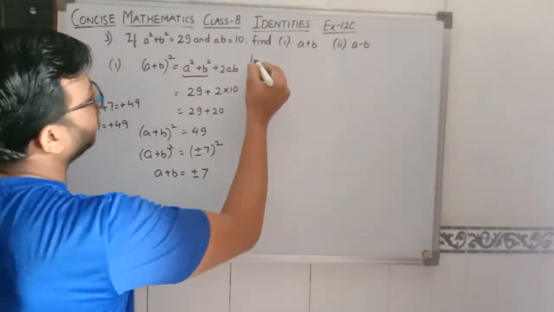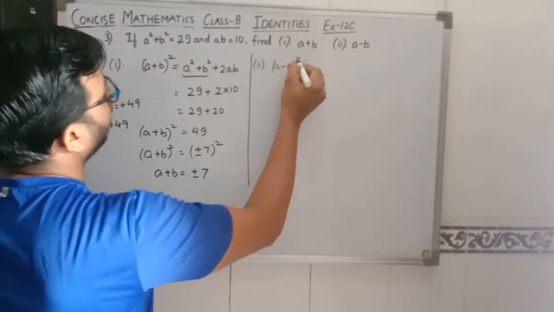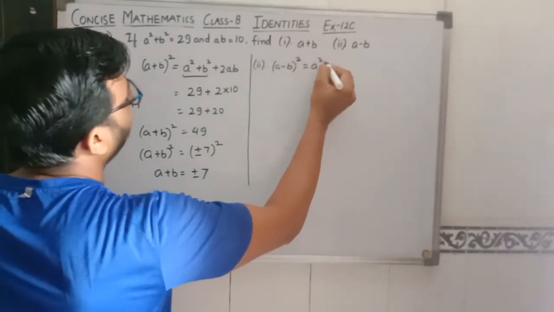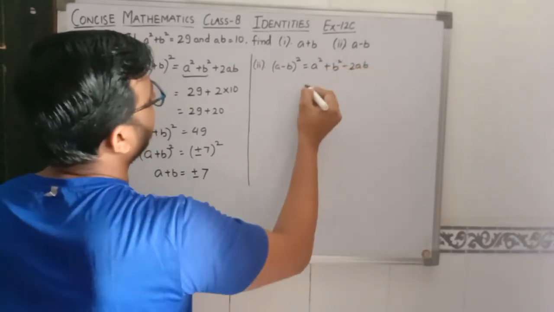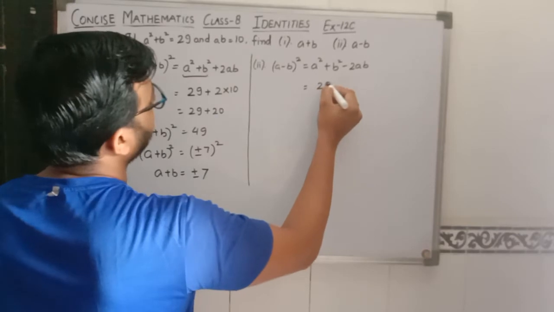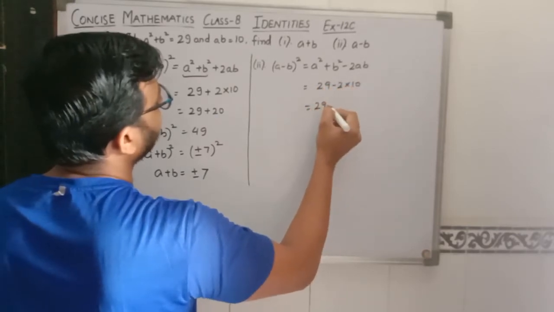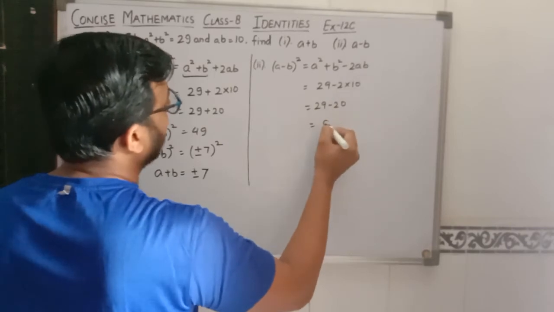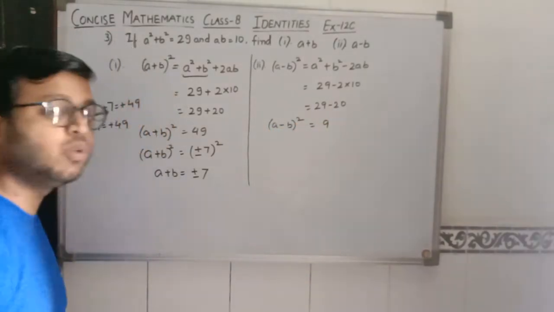So this is the first part, and for the second part we apply the identity of a minus b whole square, that is a square plus b square minus 2ab. Again the values are the same: 29 minus 2 into 10, so it will become 29 minus 20. The value is 9, but 9 is the value of a minus b to the whole square.